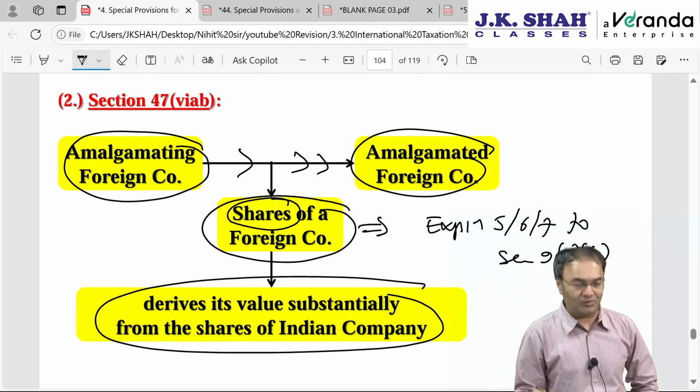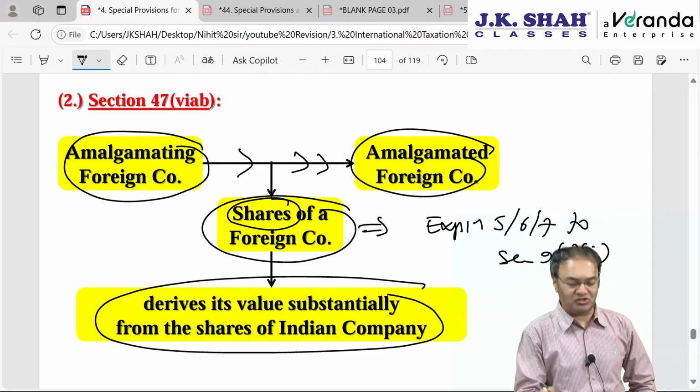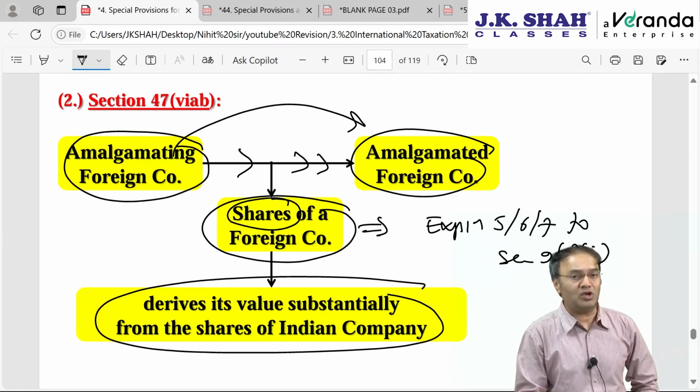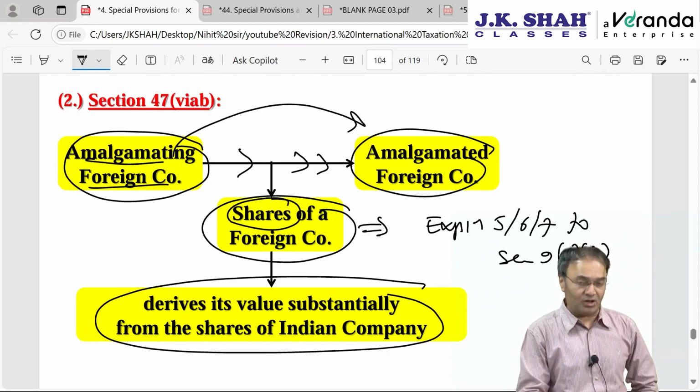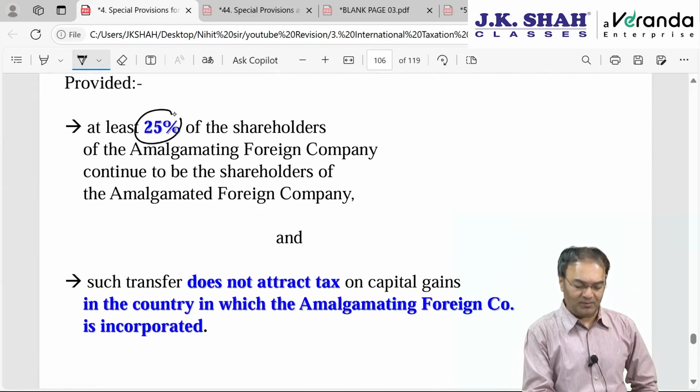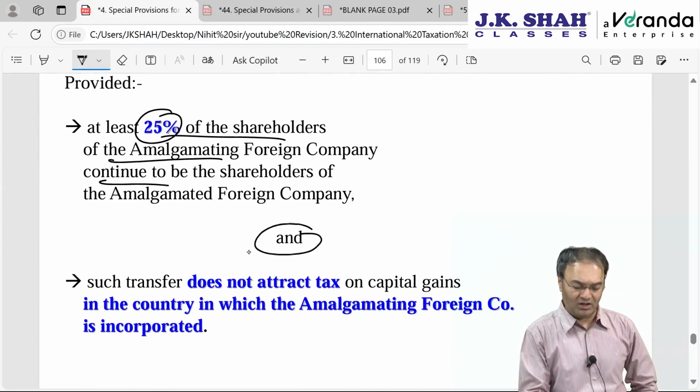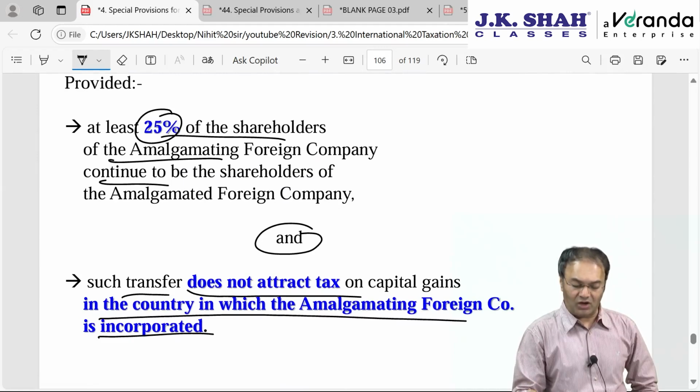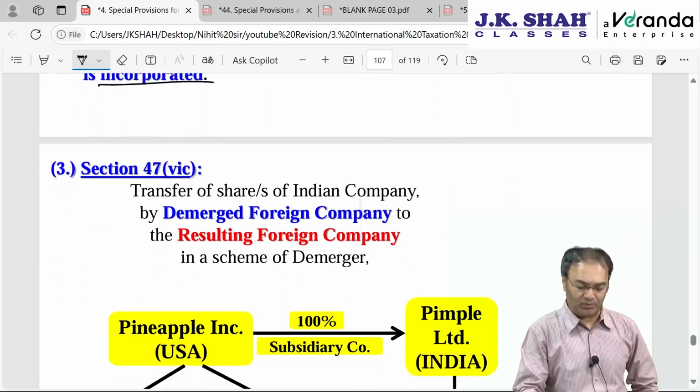Shares of that foreign company will be deemed to be located in India. Same two conditions, 25% shareholders should continue, and there should be no tax on capital gain on this transaction in the foreign country wherever the amalgamating foreign company is located. Okay, which two conditions? 25% shareholders will have to continue, and the transaction does not attract tax in the country where the foreign amalgamating company is incorporated.